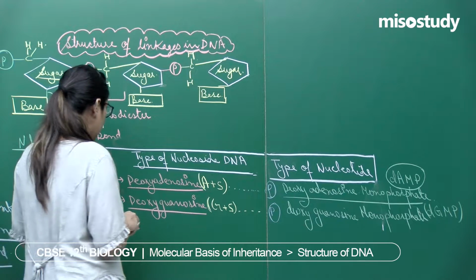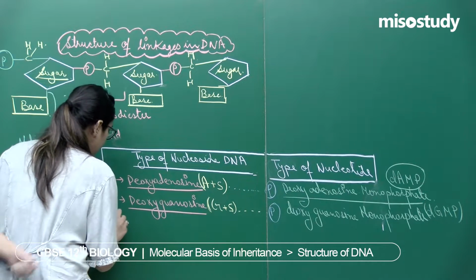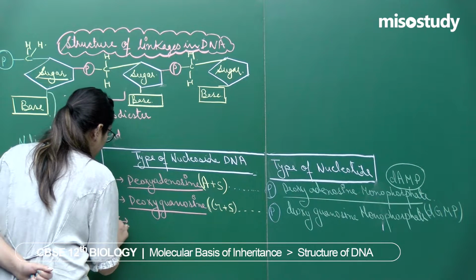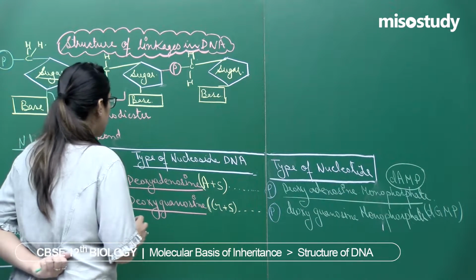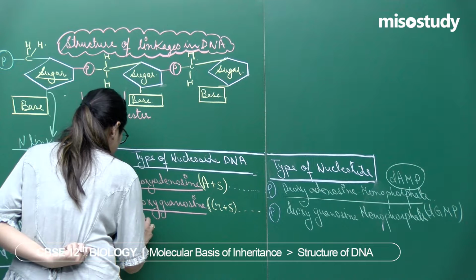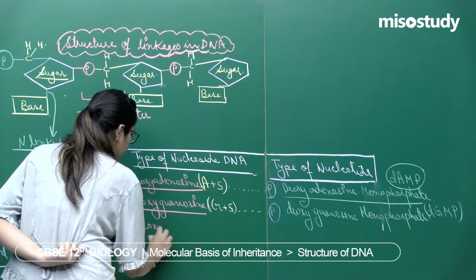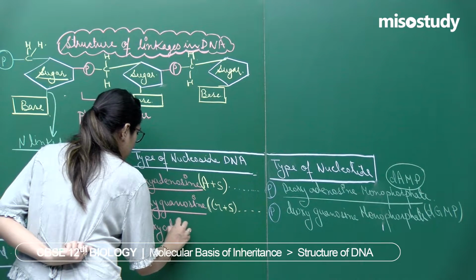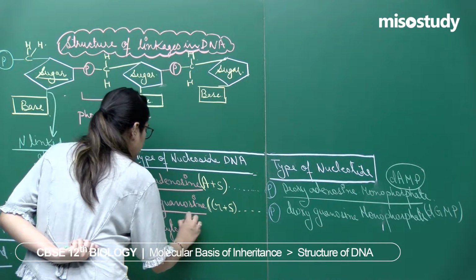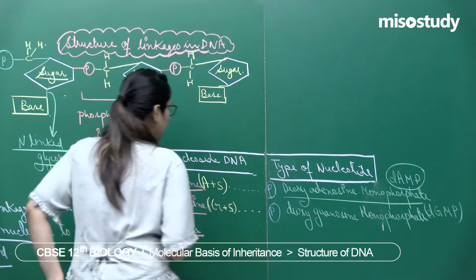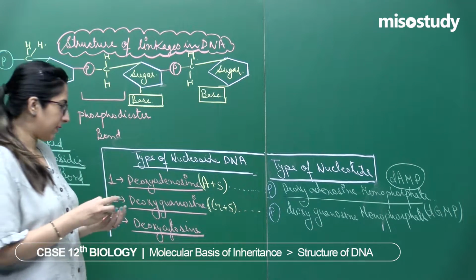Now let's talk about the third type, which is present in case of the DNA. You can take an example of deoxycytosine. Deoxycytosine means C plus S, right?